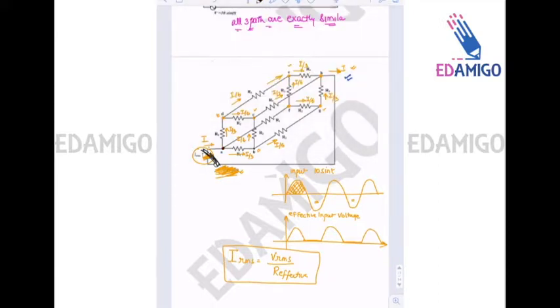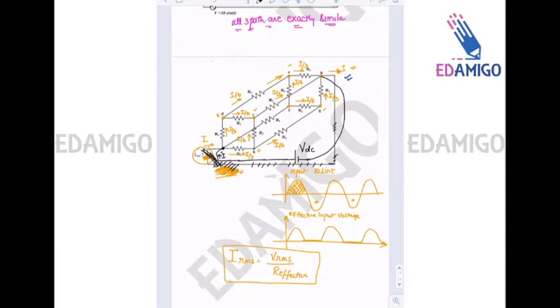I have removed all this. So from A to H, I have connected a DC voltage of value VDC, and I have removed all this, so this is not in the circuit, just for sake of explanation. And I assume that the current flowing is capital I.